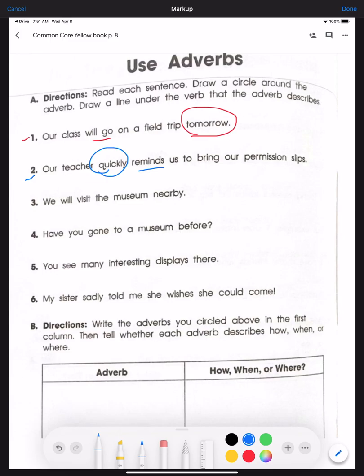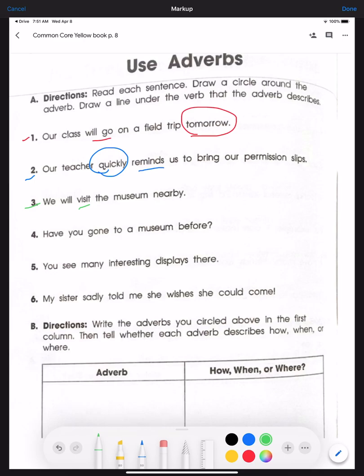Okay. Number 3, we will visit the museum nearby. We will visit the museum nearby. Underline the verb. What is the action? Okay. You underlined visit. And how are you visiting? When are you visiting? Or where are you visiting?